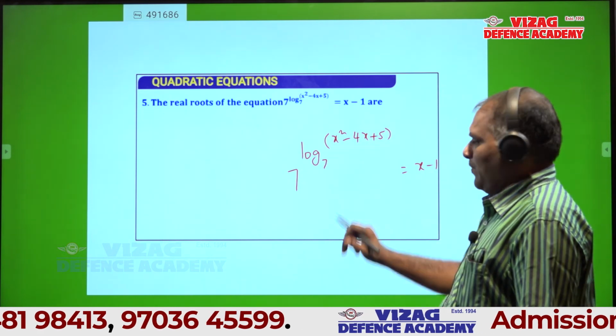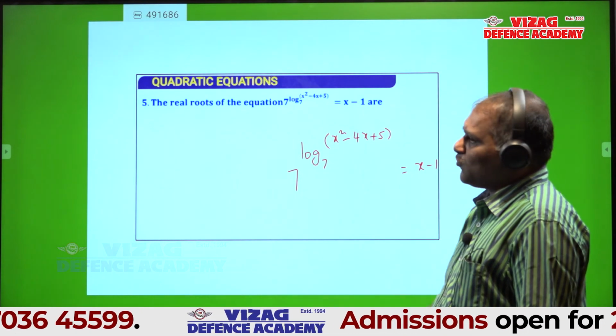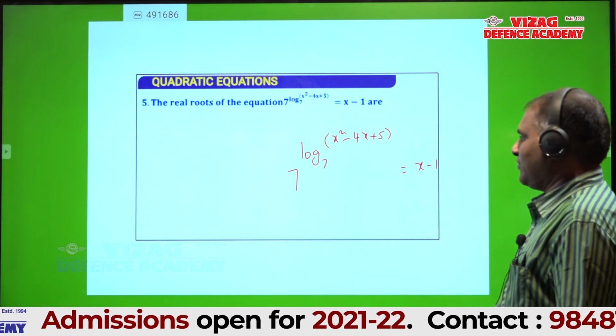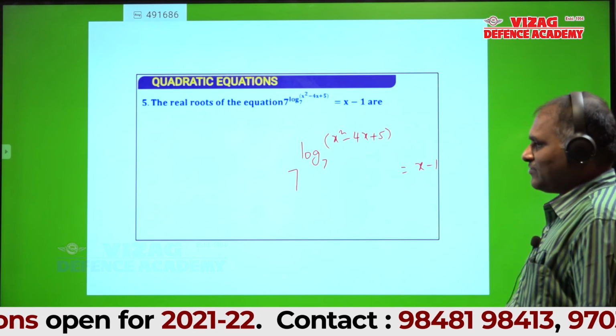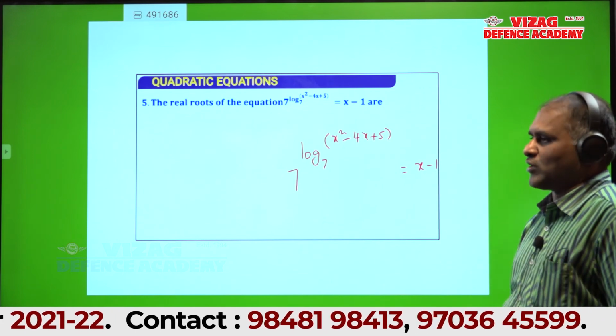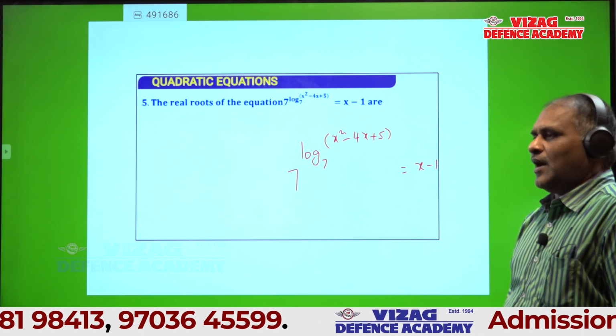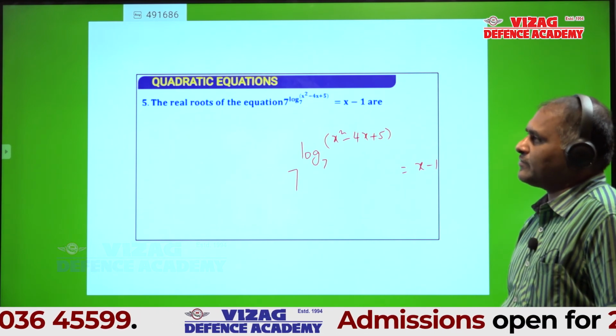The base is the same. What is this total value? x square minus 4x plus 5. Very good. Then x is equal to x square minus 4x plus 6. Then you can solve that equation. Do you understand?